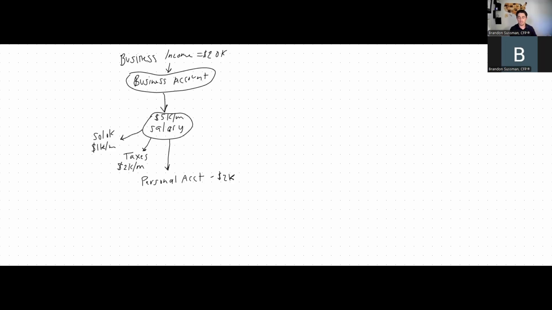Outside of the payroll system, now we get to do an owner's distribution. So an owner's distribution, it sounds more complicated than it really is. All it is is going in and transferring money from your business account to your personal account. So let's say I want to pay myself in total $10,000 a month after taxes, right? That's what I want to live off of as my monthly budget. So then over here, I can also just set up monthly transfers.